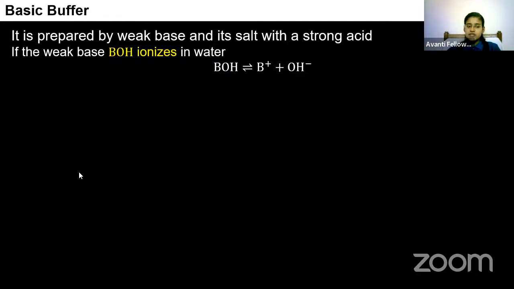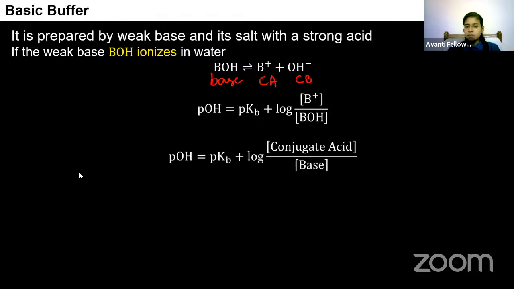For such a system, we can find out the pOH, like pH, and it is equal to pKb plus log of the concentration of B plus divided by the concentration of the base. So this is the base and this is the conjugate acid. So pOH is equal to pKb plus log of conjugate acid divided by the concentration of the base.